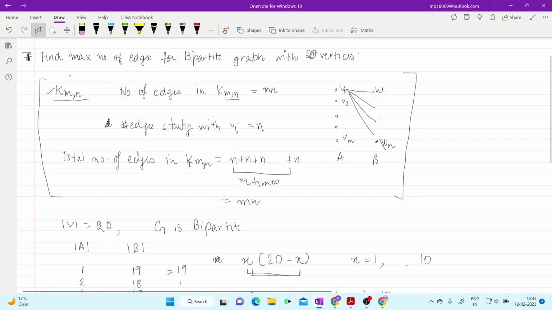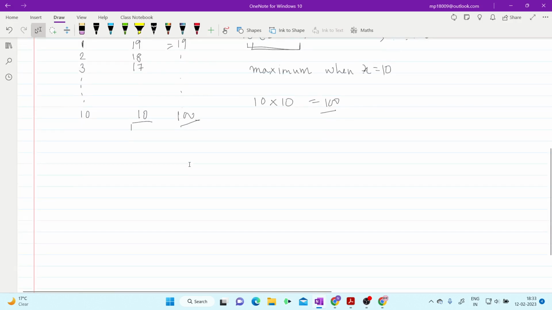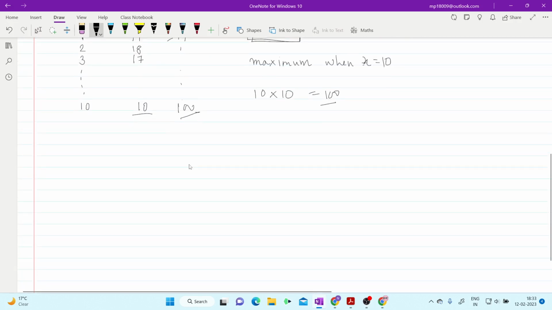Can you generalize this? If there are n number of vertices, let's see. We have to see when this function x into n minus x is maximum. So this function is nx minus x square.